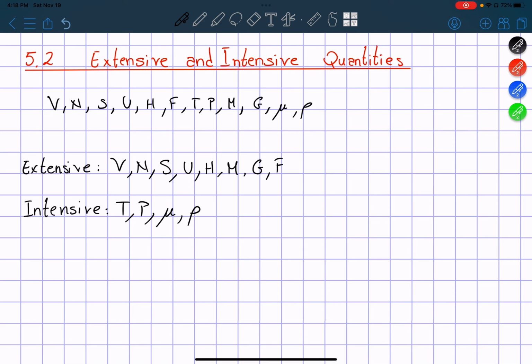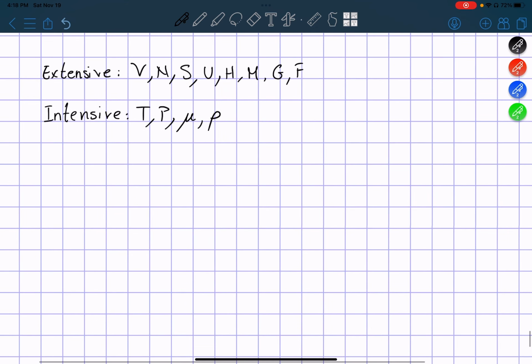Now, one thing that you want to remember is what happens when you do math with these. For example, when you do extensive times intensive quantity, what do you end up with?